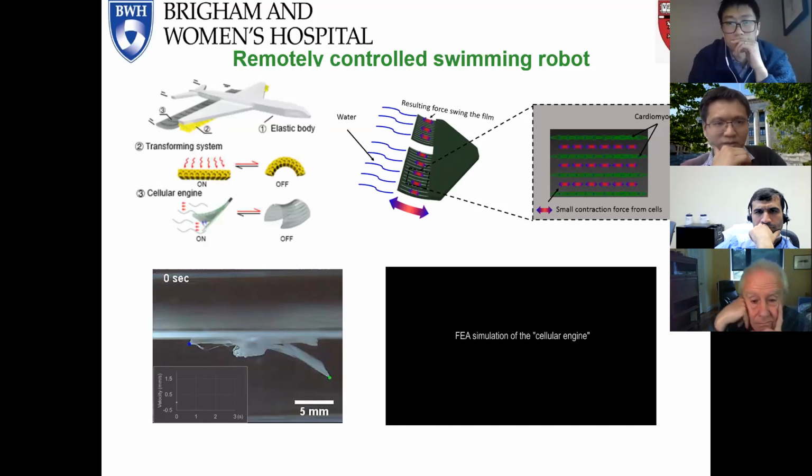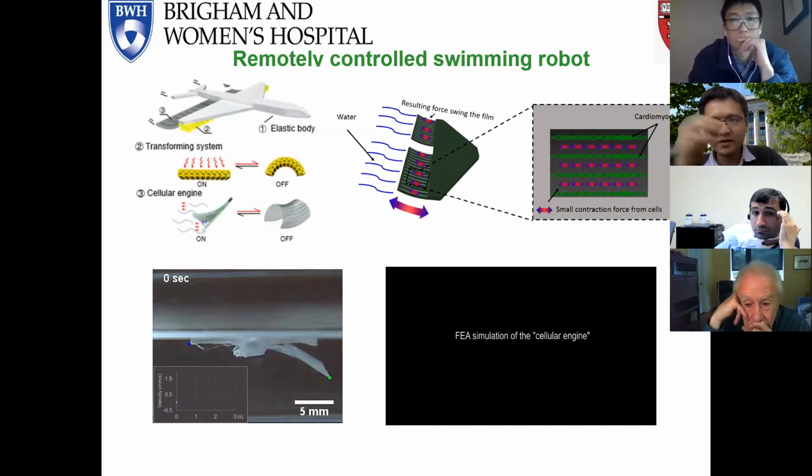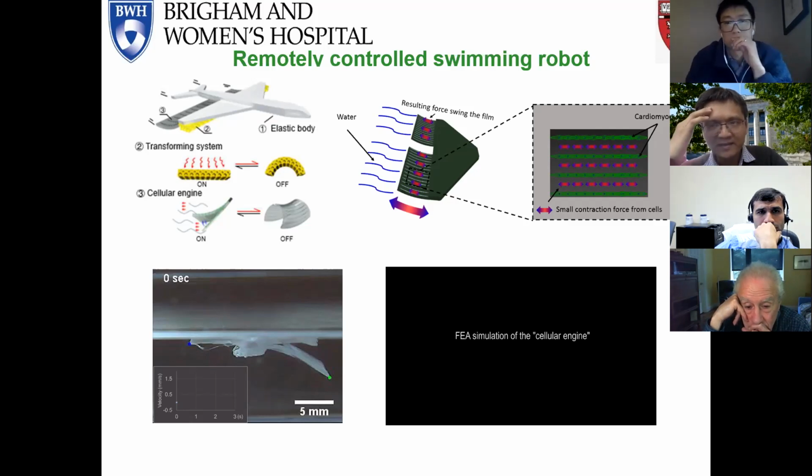And so you probably have seen the work from Kevin Kit Parker's group. They designed some biomimetic swimming robots. That's fantastic. But they use pretty complicated techniques like optogenetics. But here we try to use a mechanical way of designing and controlling the embryo.